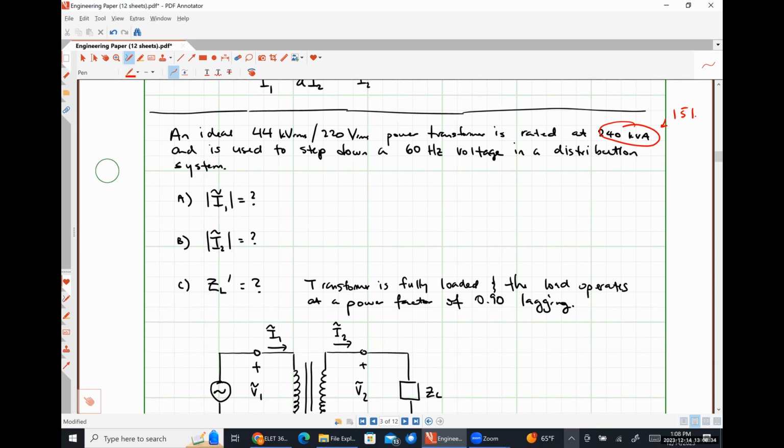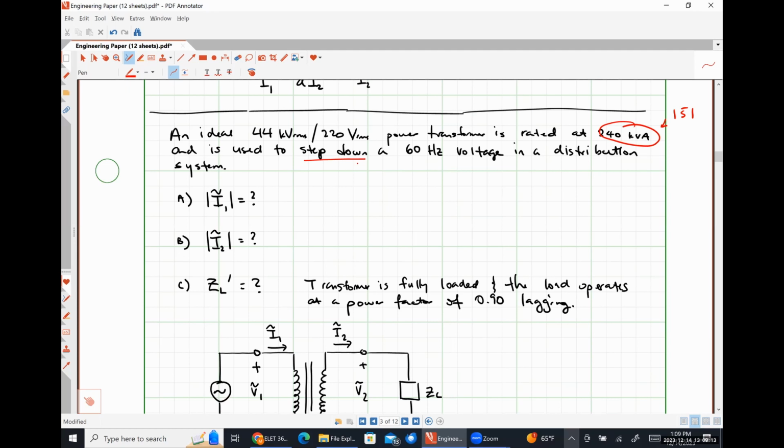So we have a rated voltage of 44 kilovolts RMS on the high voltage side and a rated voltage of 220 volts RMS on the low voltage side. So my question to you guys is, which of these is the primary voltage and which of these is the secondary voltage? Perfect. Absolutely correct. So because we're told explicitly that this is a step down transformer, that means our primary voltage is the high voltage side and our secondary is the low voltage side.